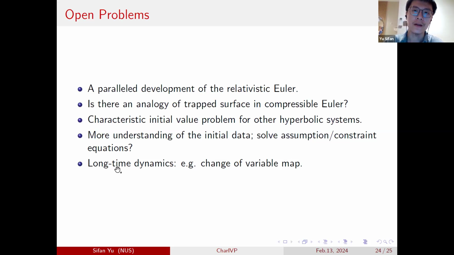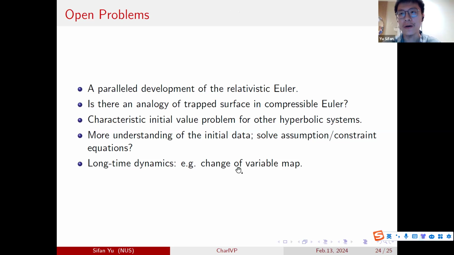All right, the last open problem I list here is the long-time dynamics. There are many aspects. One of them is the change of variable map. Remember, you always want to transfer your geometric structure back to the Cartesian coordinates, so you want your change of variable map to still be one-to-one.